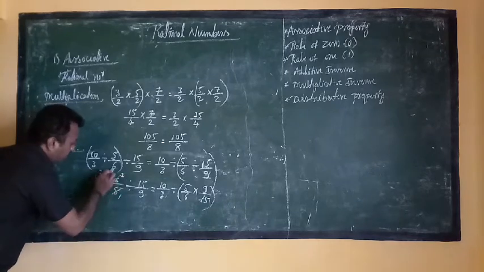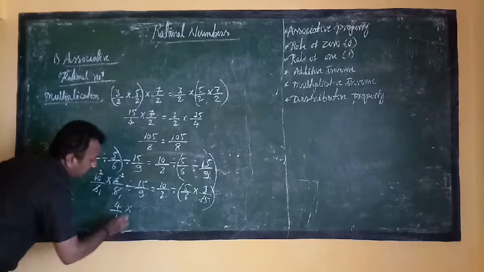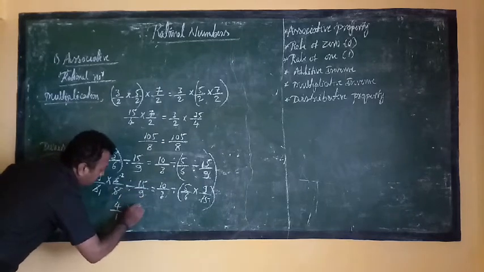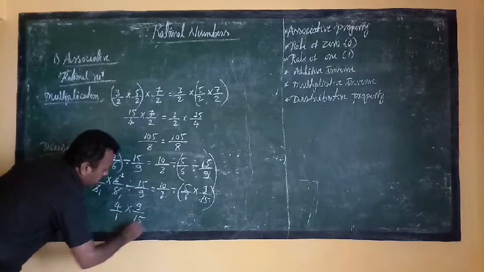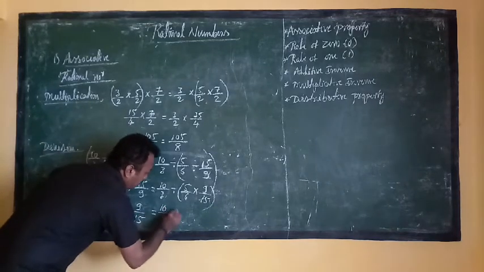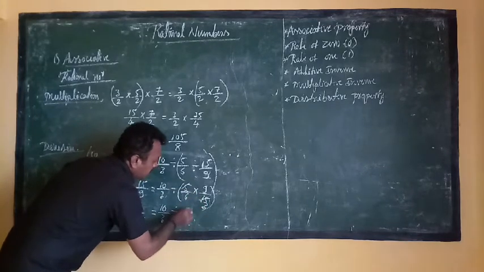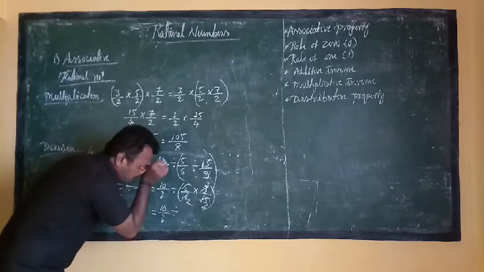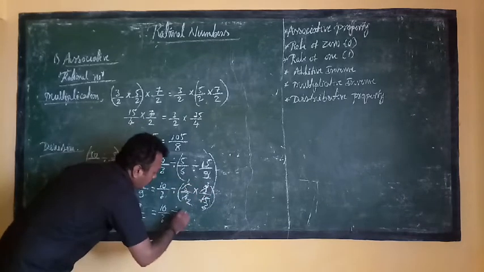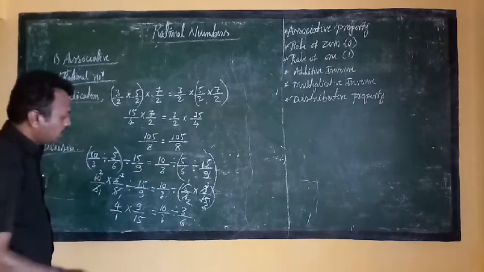Therefore, 2 twos are 4, 4 by 1. Got it? It is equal to 10 by 3 as it is written. So finally 3 ones are 3, 3 twos are 6, 3 by 6.